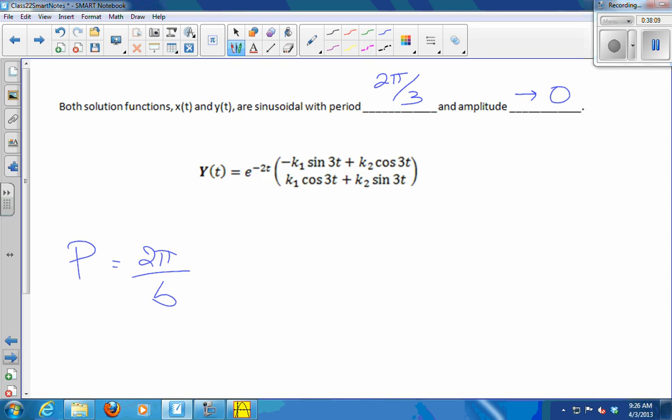And the amplitude is going to 0, that's circling the origin and approaching 0. Okay, so my general solution is made up of an exponential decay and something sinusoidal. So that's why I have the two distinct behaviors, circling and heading towards 0.